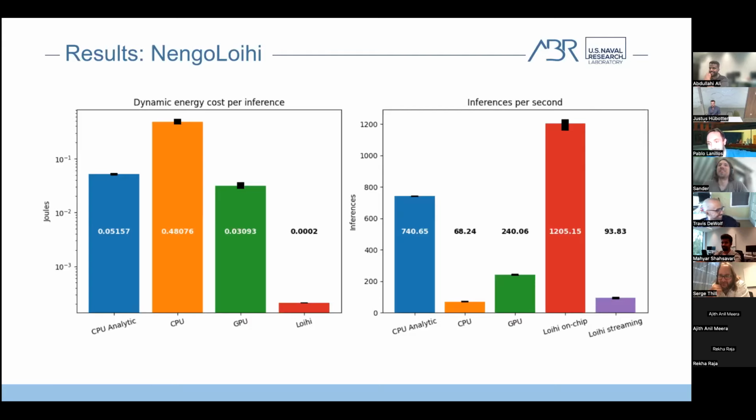I'm a little bit stuck on this energy measurement still. I don't understand how simulating a spiking network on the CPU to do a task can possibly be so much more energy efficient. If I look at the dynamic energy cost per inference and how many inferences are needed compared to an analytic solution.